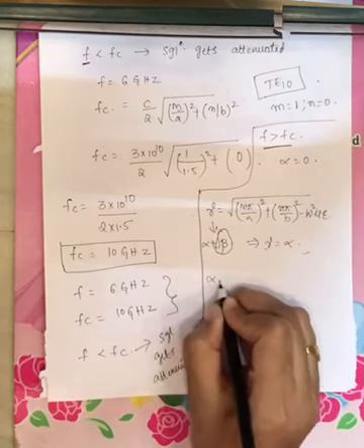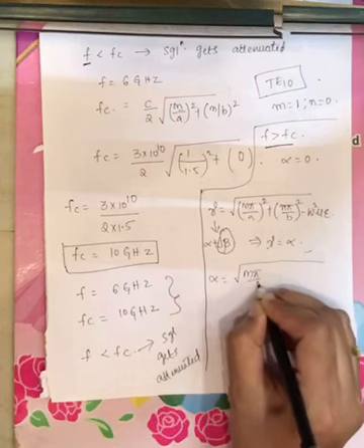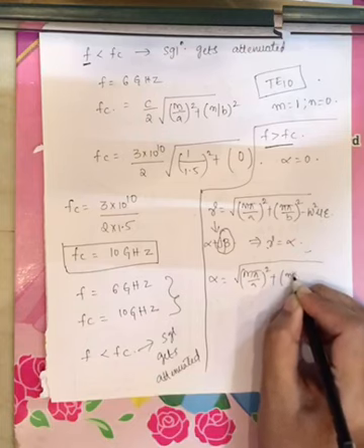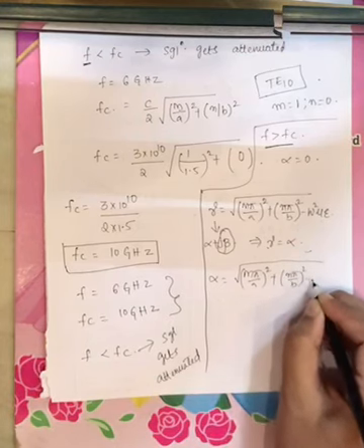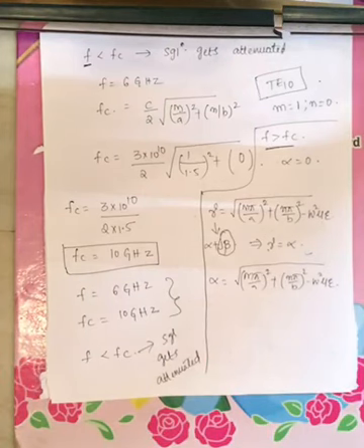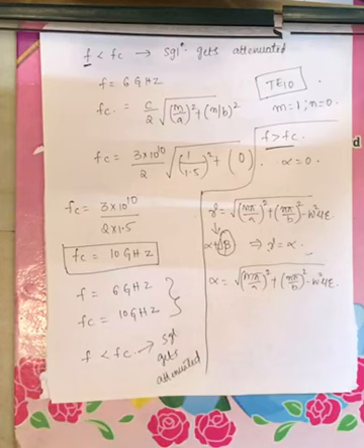Now what you'll get as final equation? Alpha equals under root of (m pi by a) whole square plus (n pi by b) whole square minus omega square mu epsilon, right? This is the amount of attenuation formula for f less than fc.